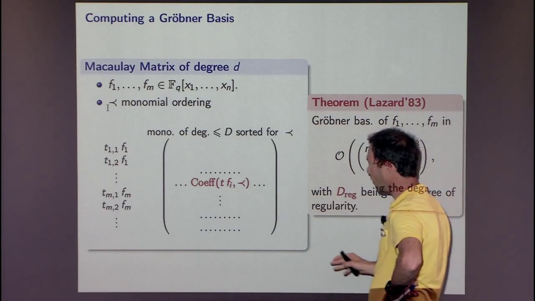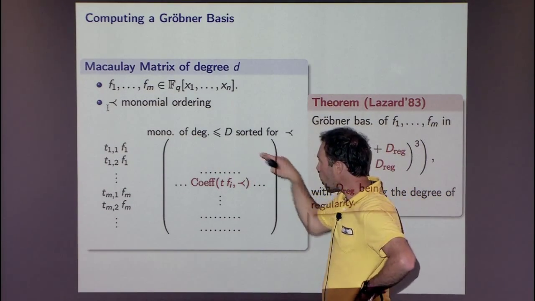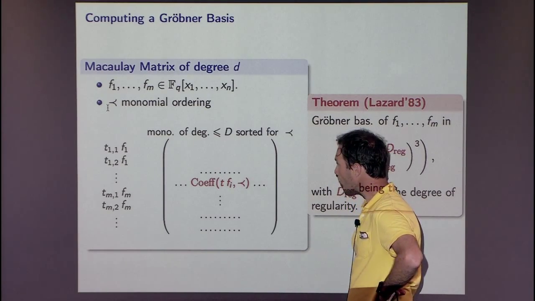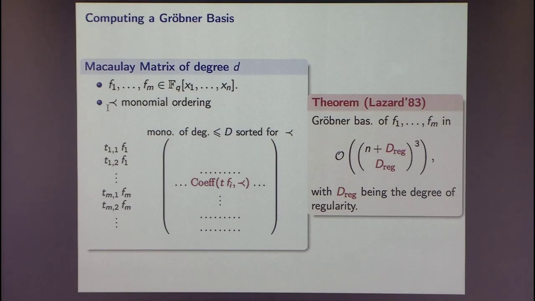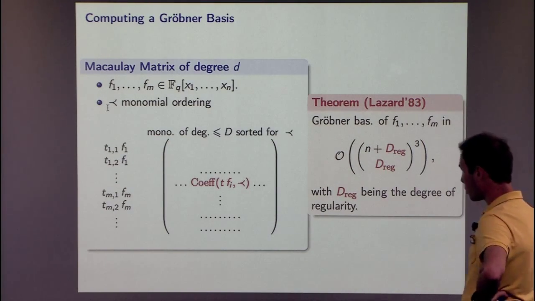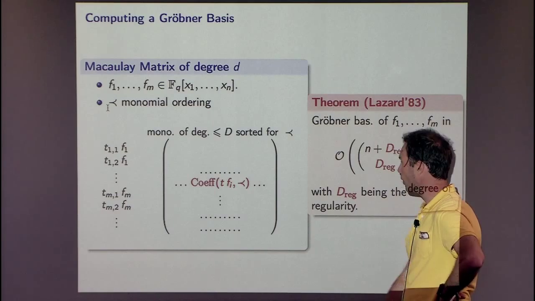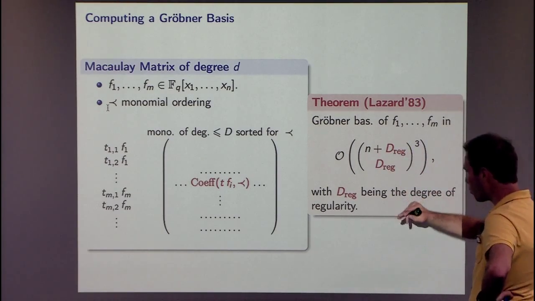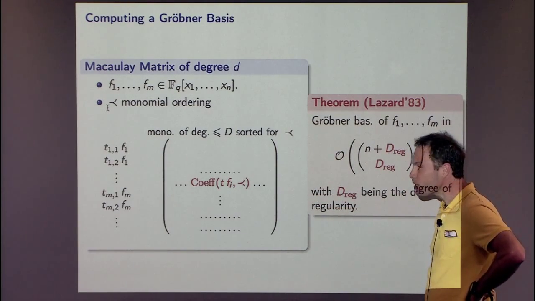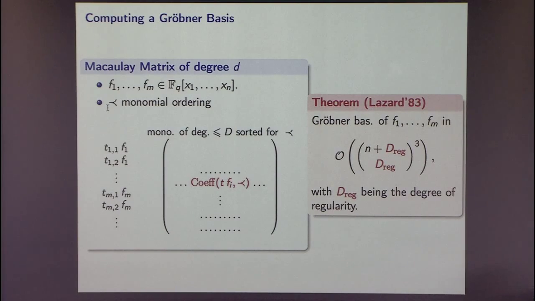for some d. And so I put the coefficients of this polynomial in a matrix. The columns are the monomials of degree smaller than d, with d as a bound, and the rows are the multiples of my polynomials.